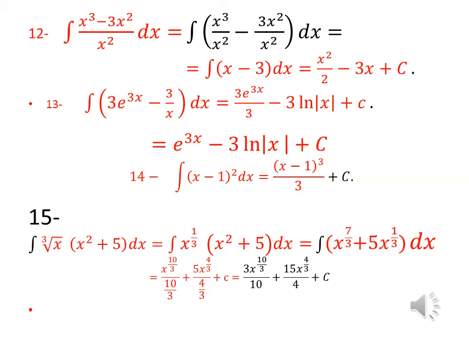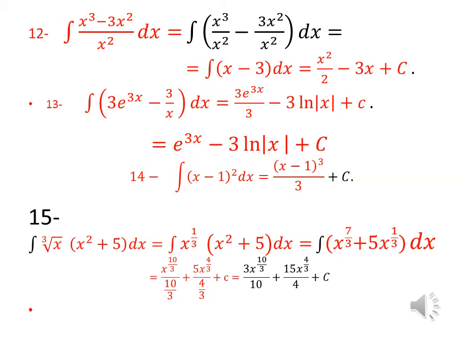Problem number 13. Integration of (3e^(3x) minus 3 over x) dx. For 3e^(3x), the integration of e^(3x) is e^(3x) over 3. So 3e^(3x) over 3 minus 3 over x.